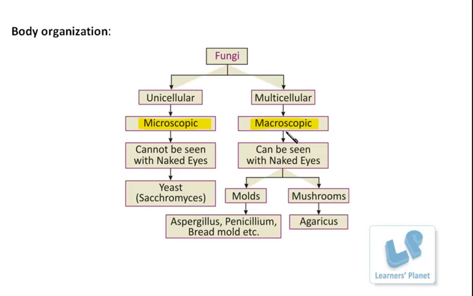The organisms which are microscopic, that group is known as the yeast. See, this is not a small difference. It is a very big difference, and it therefore becomes a base for the subclassification of these organisms. So initially I can only say one thing: microscopic fungi are known as the group yeast.